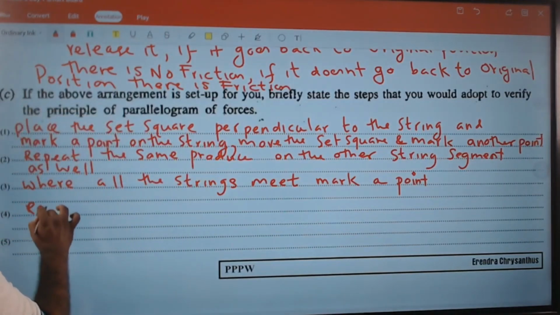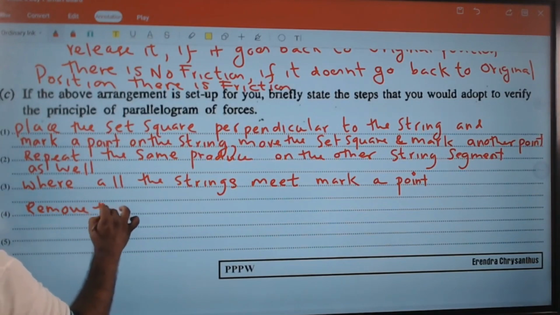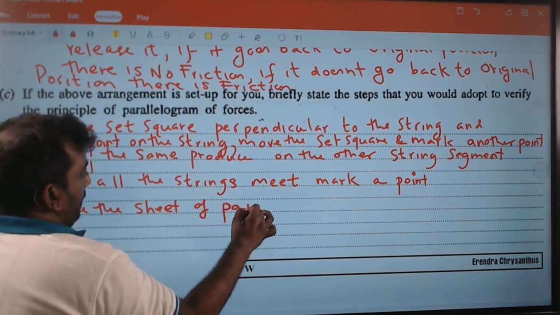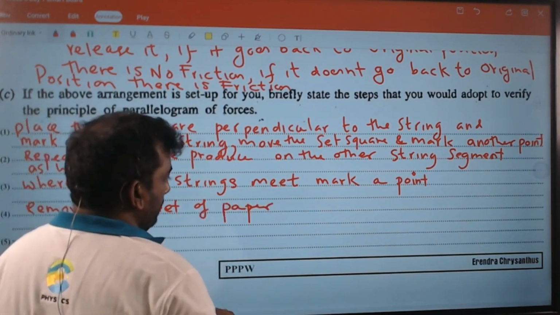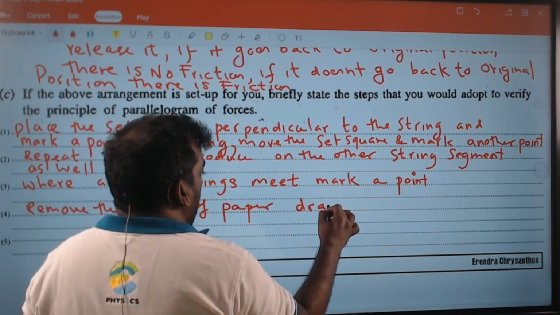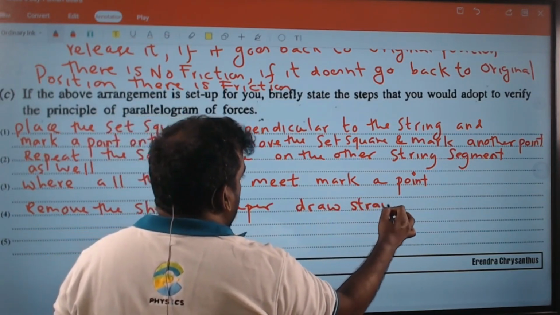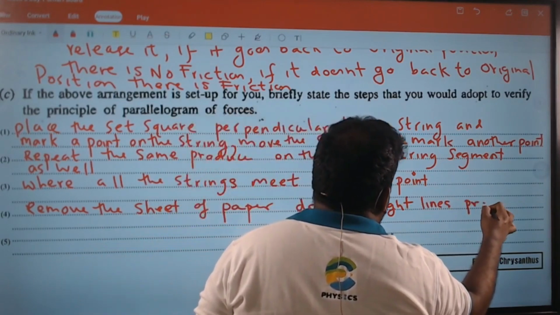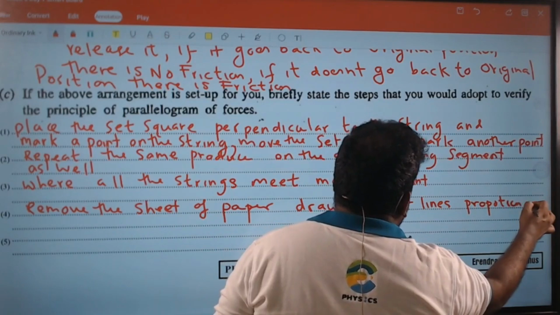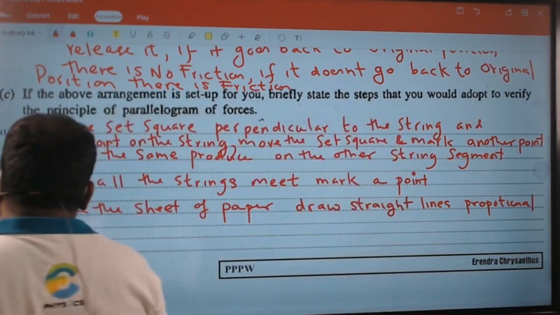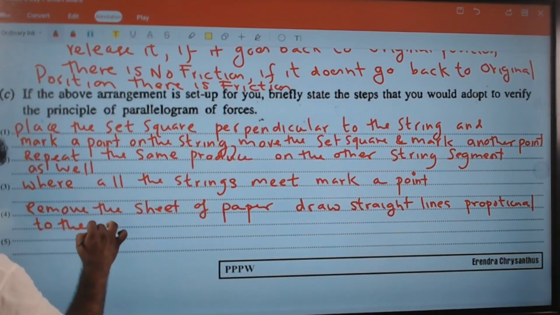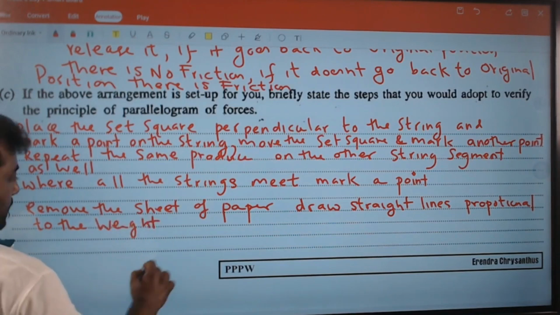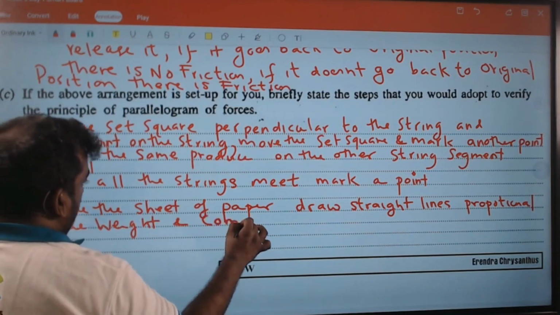Remove the sheet of paper. Draw straight lines proportional to the weight and complete the parallelogram.